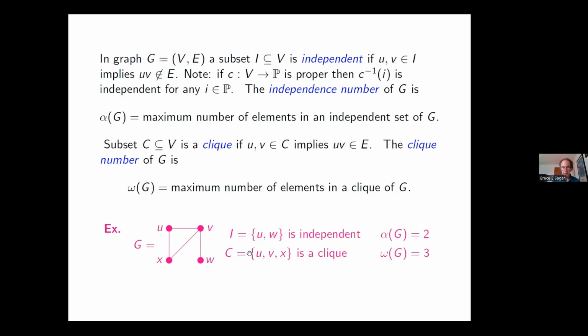Here's a clique with 3 vertices, and clearly I can't throw in this vertex and still have a clique. So just remember, alpha of G, independent sets, no edges, alpha being the first letter of the Greek alphabet. Omega of G, last letter of the Greek alphabet, all possible edges between vertices.